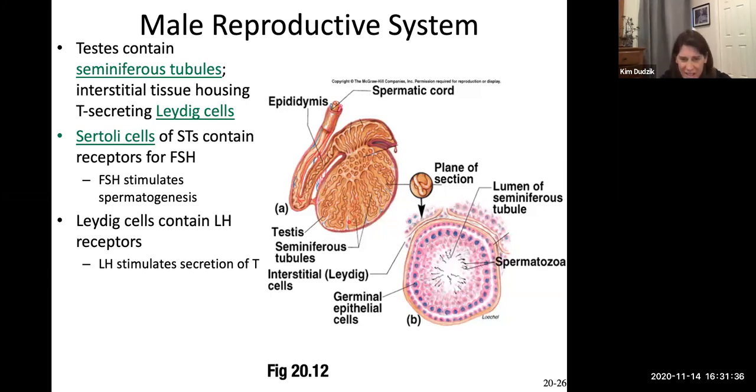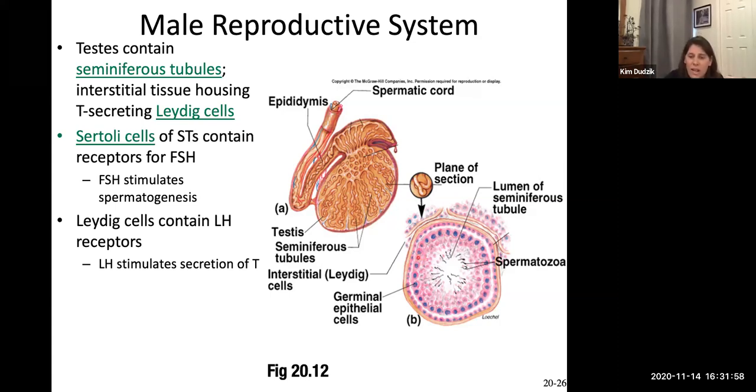If we looked inside of the tubule, running the length of all that 80 centimeters of each of those 800 seminiferous tubules are lines of cells. Again, you're just looking at one row, so you have to imagine the cells continuing down this length.